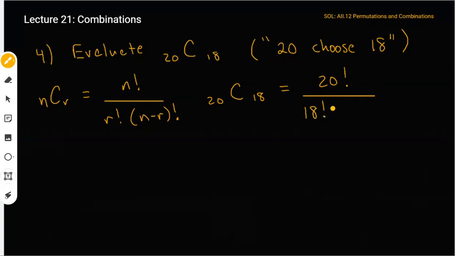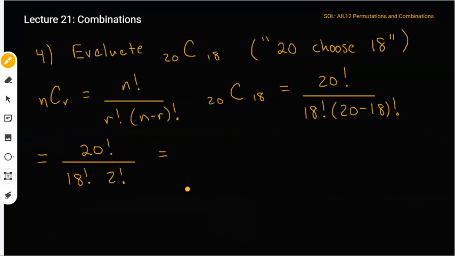At the bottom, I'm going to have 18 factorial and 20 minus 18. So I have to subtract them as well. So what's going to happen there? Well, I can simplify 20 minus 18. That's going to give me 2 factorial. So in the denominator, I'm not just going to have 18 factorial, I'm also going to have 2 factorial with it, which of course is just going to be 2.